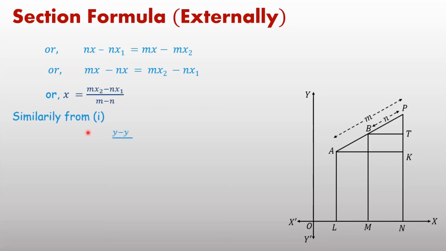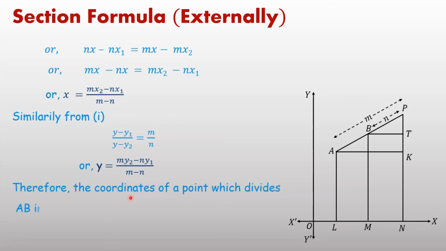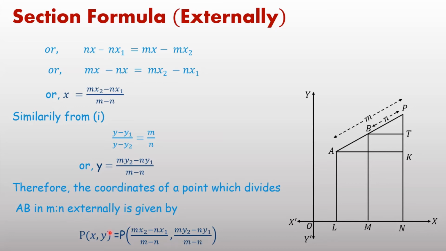Similarly for y, if we equate y minus y1 upon y minus y2 equal to m upon n, cross multiply and solve, you will get the value of y as (my2 minus ny1) upon (m minus n). Therefore, the coordinates of a point which divides AB in the ratio m is to n externally is given by point P(x, y) equal to ((mx2 minus nx1) upon (m minus n), (my2 minus ny1) upon (m minus n)).